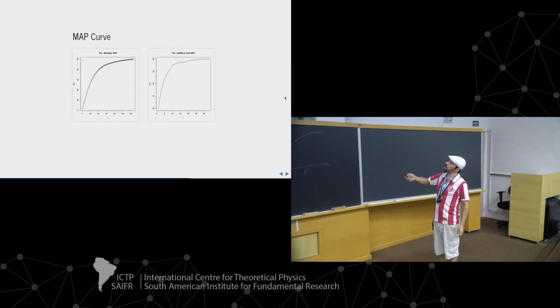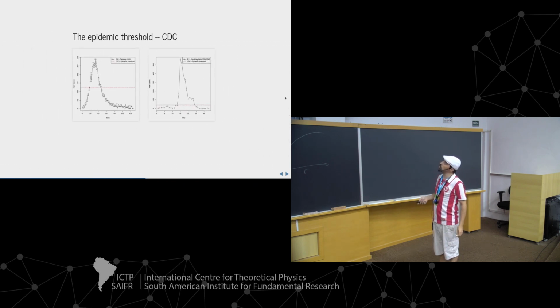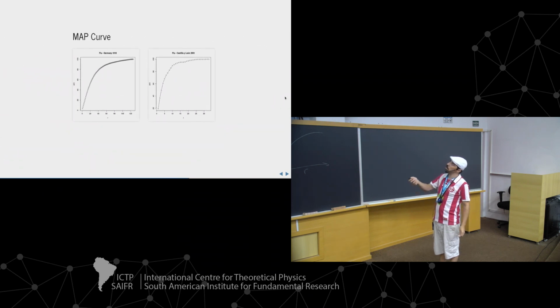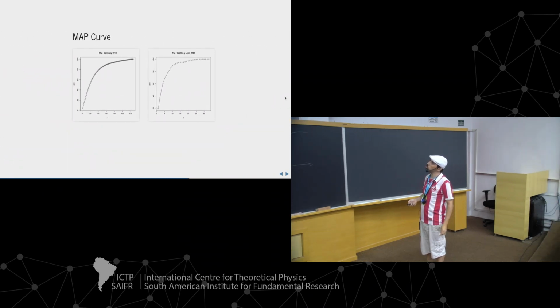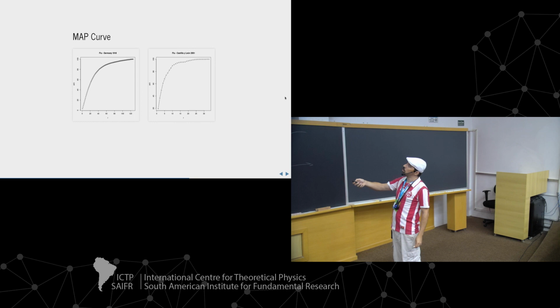So for the 2 examples that we've seen so far, the associated MAP curves for those 2 seasons are depicted here. For Germany, we have daily counts.